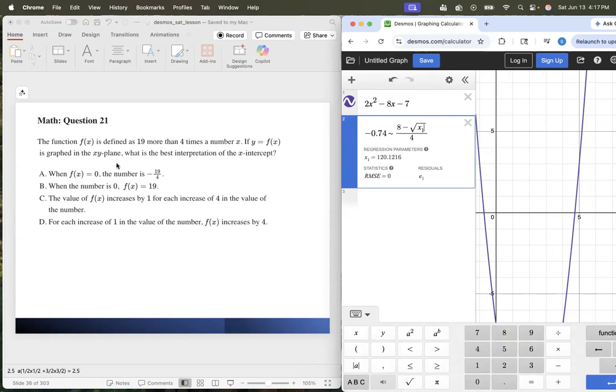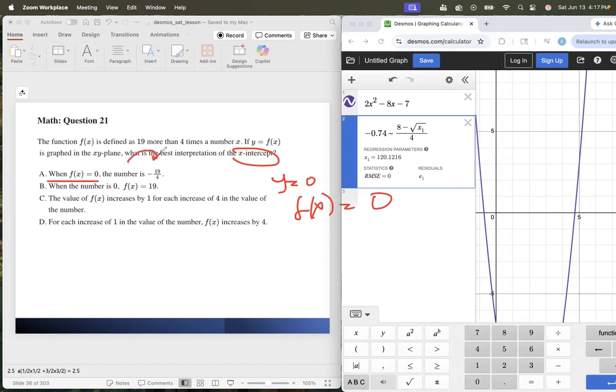21. The function f of x is defined as 19 more than 4 times the number x. If y equals f of x is graphed in the xy-plane, what is the best interpretation of the x-intercept? Well, this is the trap. The x-intercept means y is equal to 0. That means f of x should be equal to 0.